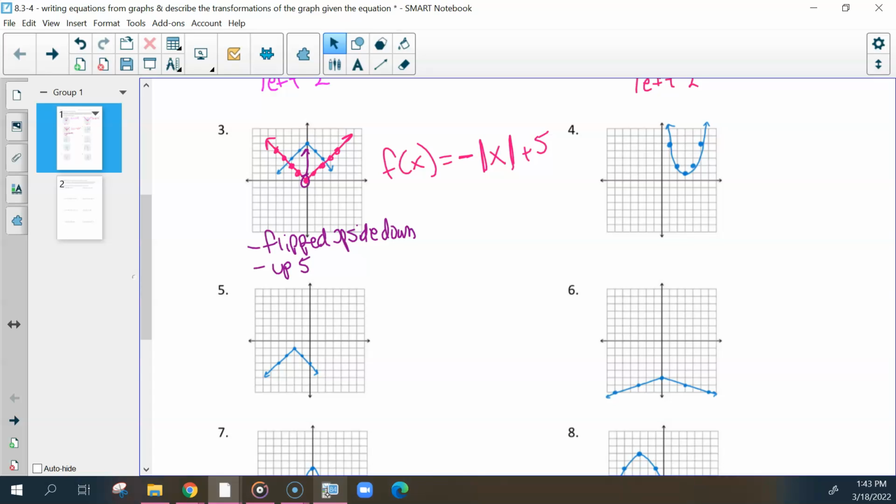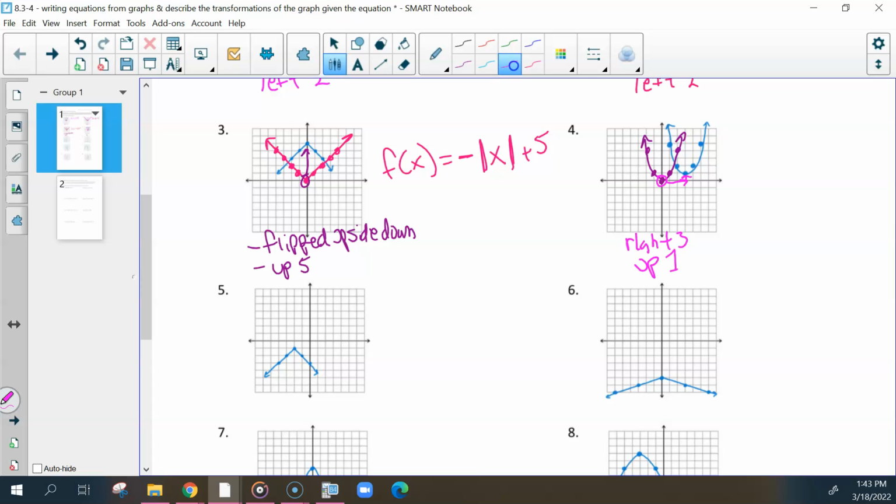Number 4, if this was my parent function, it looks like this was moved to the right 3 and up 1. So the right is going to be a horizontal, so that's inside.